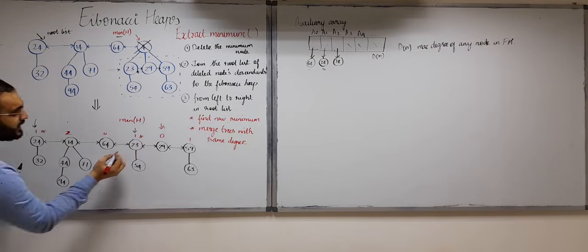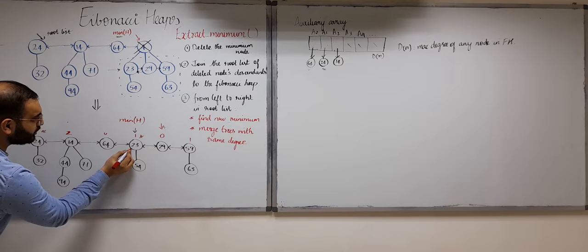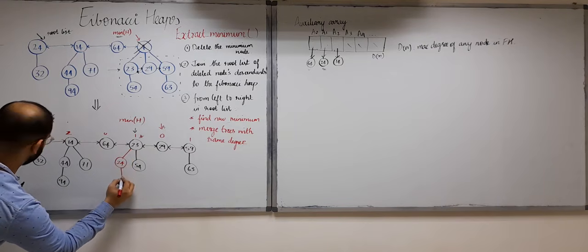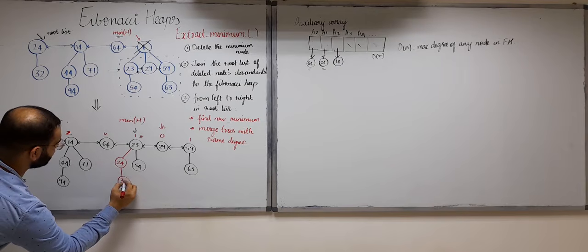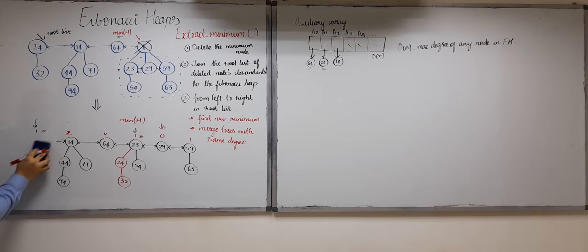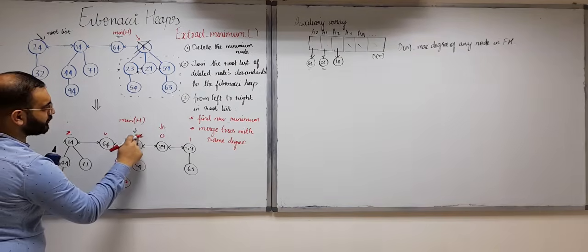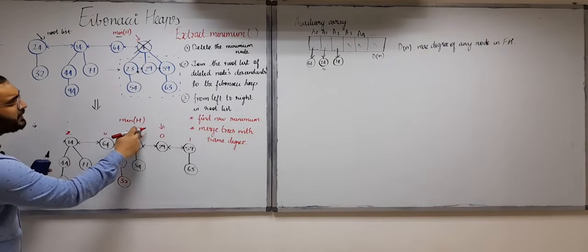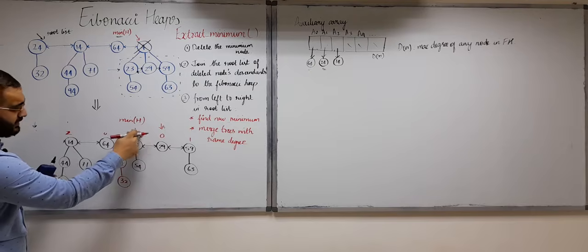So 23 will be the root of the merged tree, and here we will have 24 and 32, right? So the degree of this will change from 1 to 2, right? And our current pointer is still over here, right?